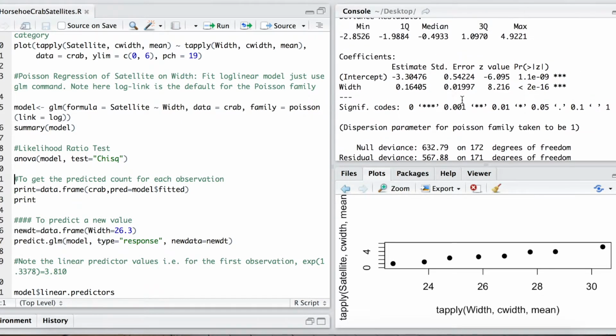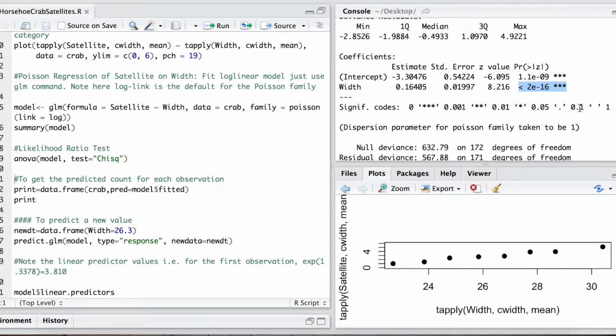According to the summary table, our conclusion is the log-linear function looks like log mu hat equals negative 3.30476 plus 0.16405 times x, and the Wald test statistic z equals 8.126, and the associated p-value is close to 0, which is highly significant.